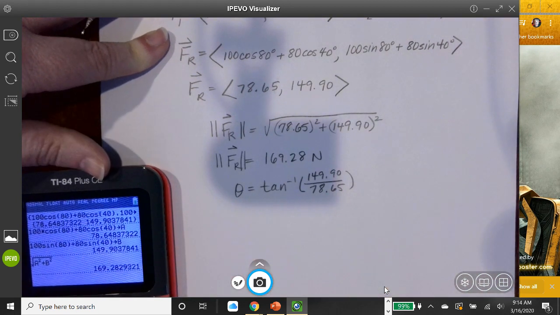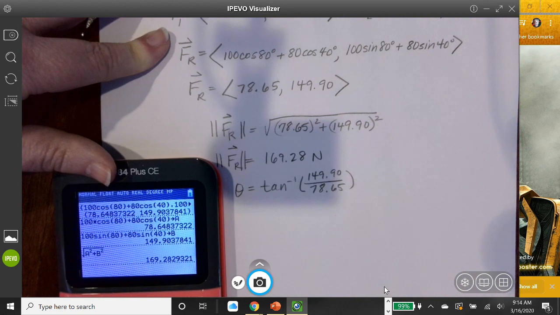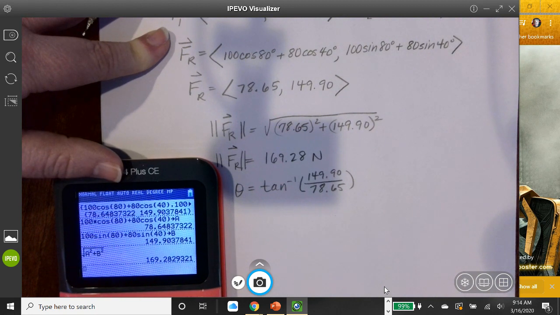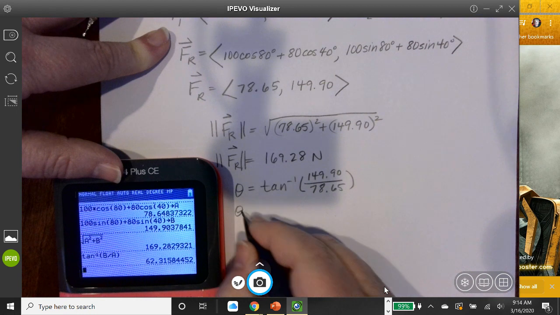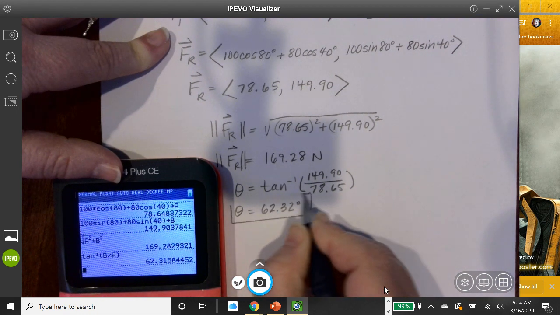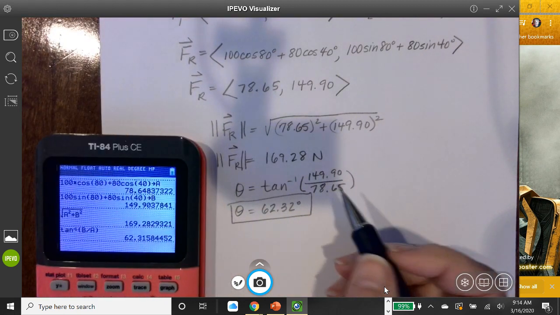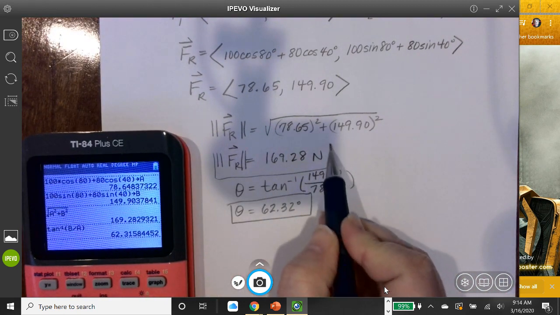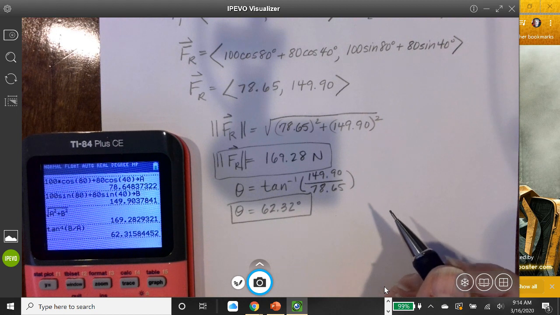So second inverse tangent of alpha B divided by alpha A, close parentheses, and we get theta equals 62.32 degrees. So my direction is 62.32 degrees. My force is 169.28 newtons.